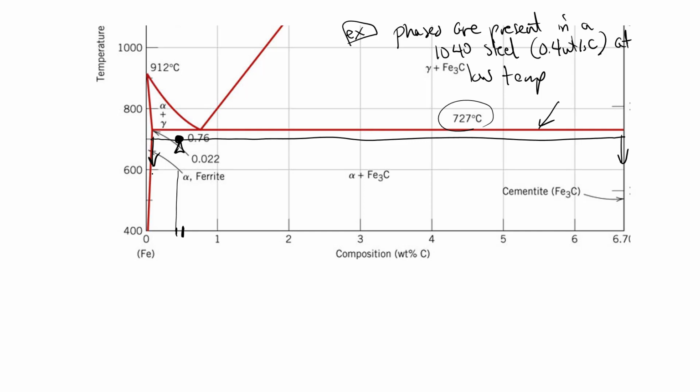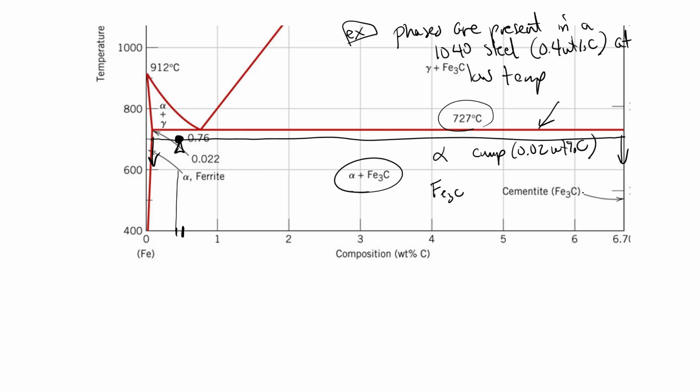And so the phases present are alpha and Fe3C. It's labeled right here. Let's write the composition of alpha first. The composition of alpha is about 0.02 weight% carbon.